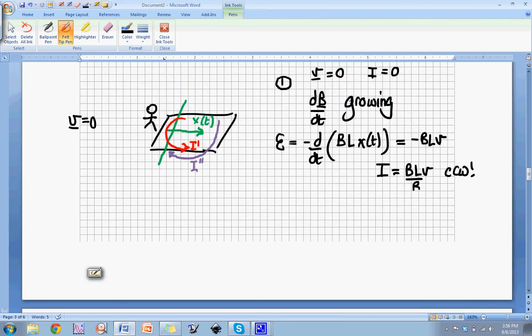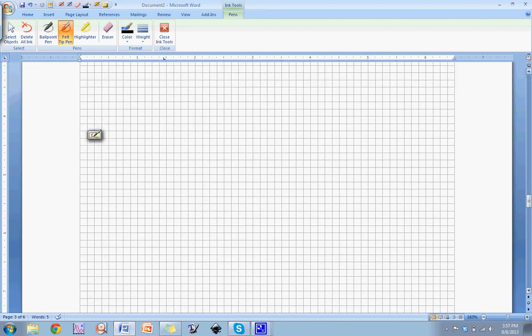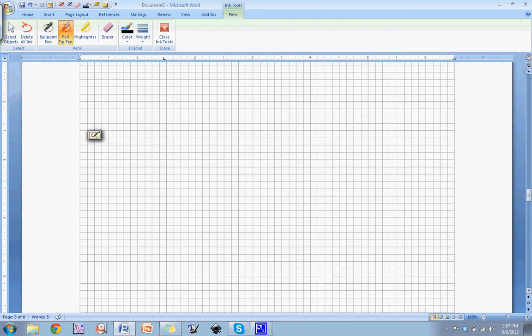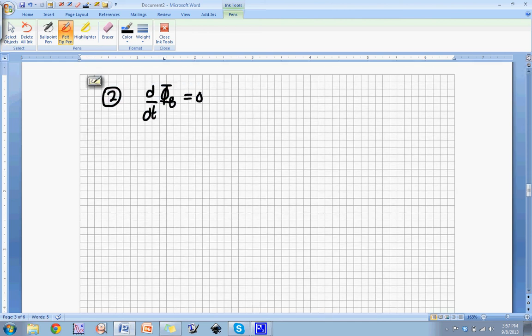Second case. So what we could do is view this scenario for that frame of reference. B is equal to a constant. It does not change. When we have the scenario where the other side has left that uniform magnetic field, we still have V equals 0, so we would not be able to describe the results in terms of F equals QVB as we've done before. And so what we have is EMF equals d over dt of BLx.